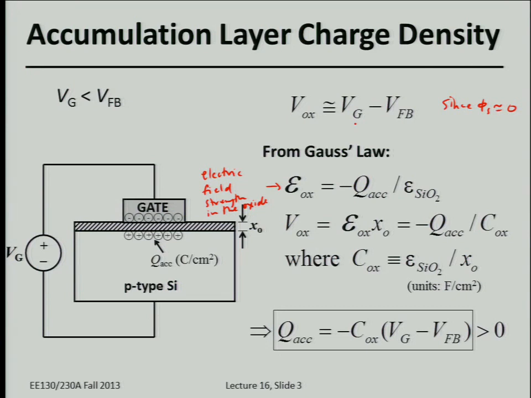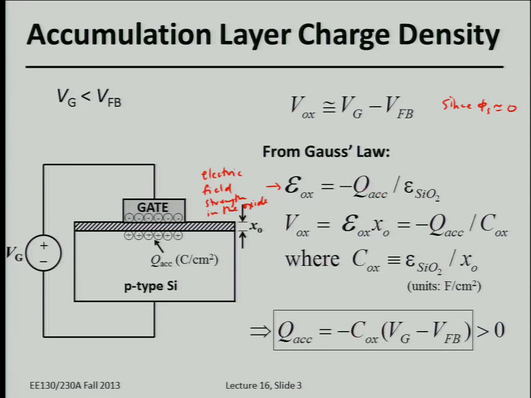From Gauss's law, we can integrate the charge starting from the top of the gate, down through the gate and into the oxide. The electric field strength depends on the total charge, either in the gate or in the accumulation region. We'll just call it the charge in the silicon, minus q times the accumulation layer charge, divided by the permittivity of the material, silicon dioxide.